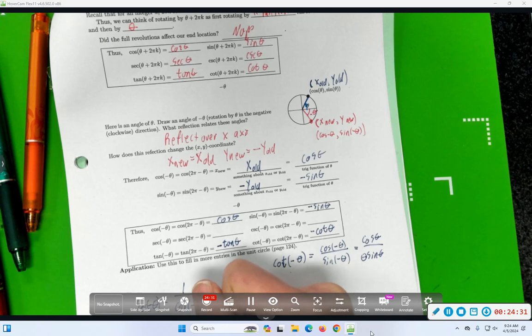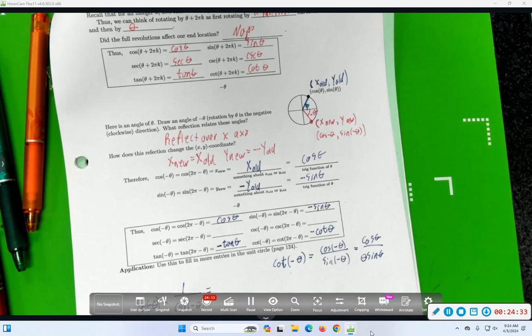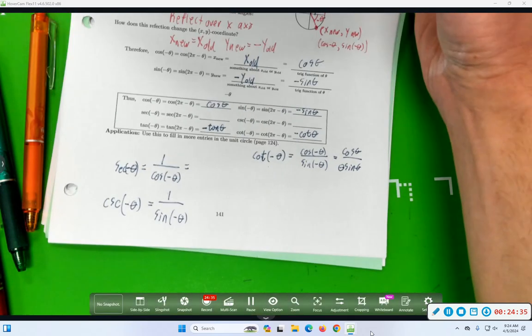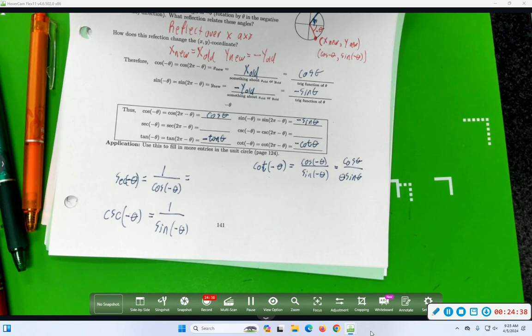Nice. And the input I want to plug into those is negative theta. So I'll give you a minute. Pick one of those and work out what it becomes.